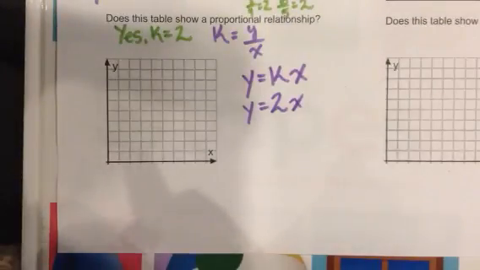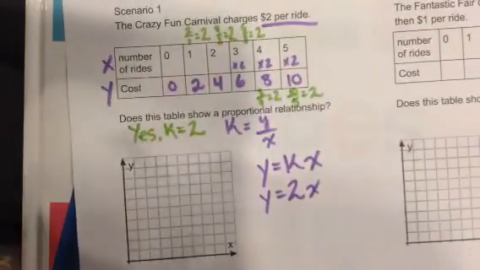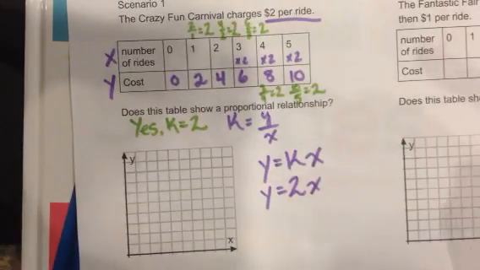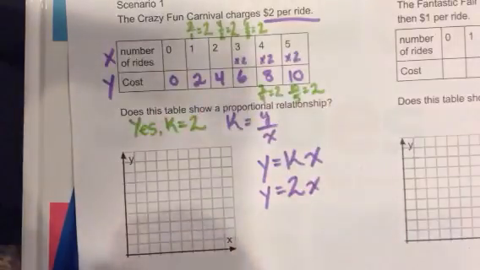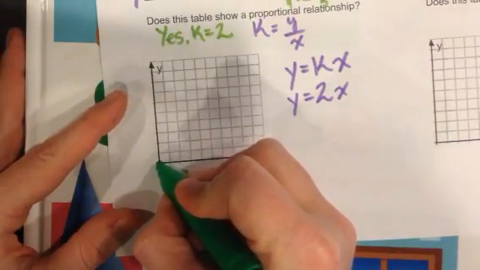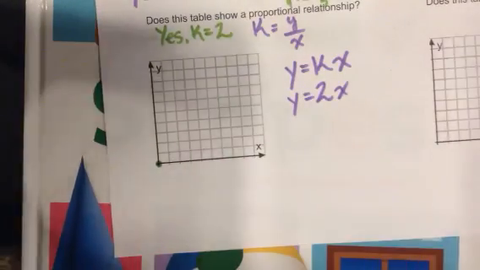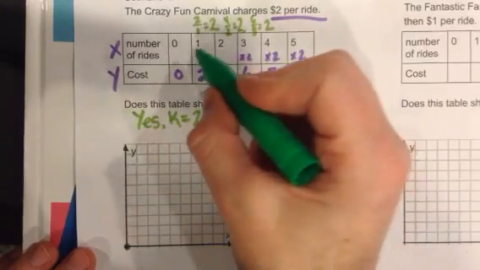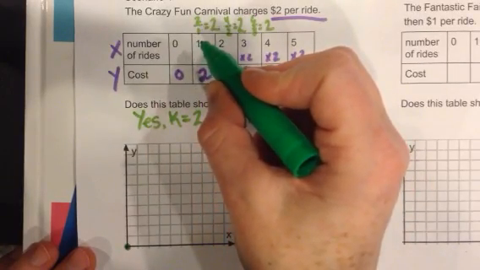Okay, we're going to begin graphing these scenarios, and I can look at the data in the table and just take them as ordered pairs. My first ordered pair, or X and Y coordinate from the table, was 0, 0. So I'm starting at the very intersection of the X and Y axis with a point. My next point told me the X value was 1.